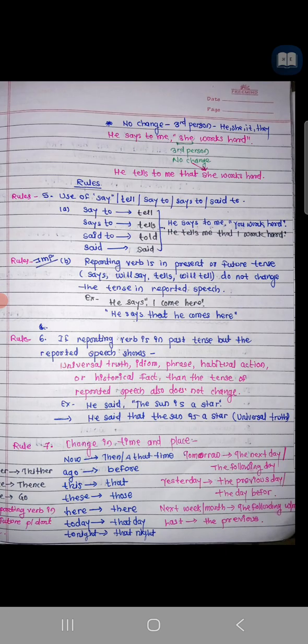Says in the present, will say in the future, tells in the present, will tell in the future. Whenever the reporting verb is in the present or future tense, do not change the tense in reported speech. Important point. For example, he says, "I come here." He says that I come here.